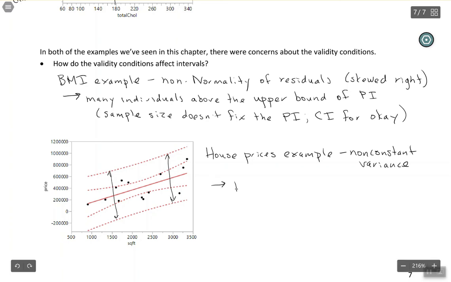So that prediction interval assumes the same level of spread for high and low values. So the prediction interval is also going to be a problem when you're talking about non-constant variance.